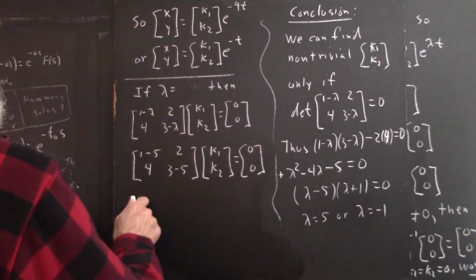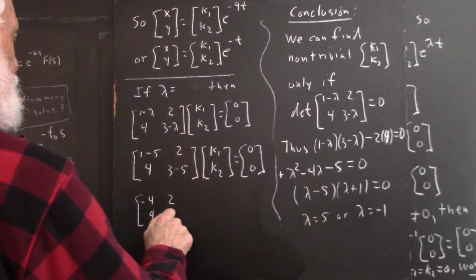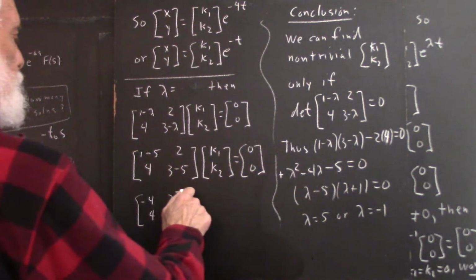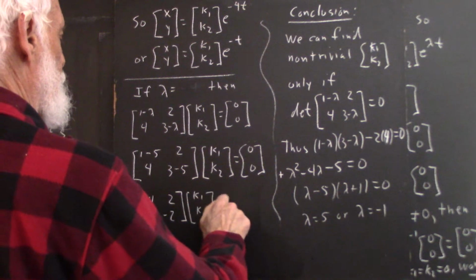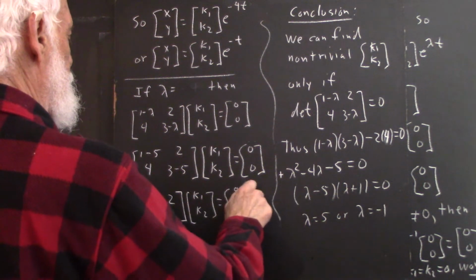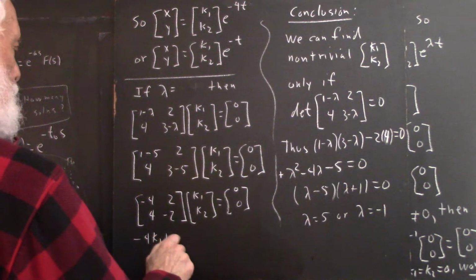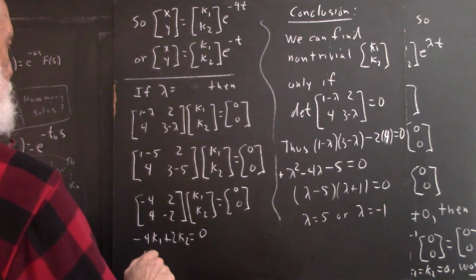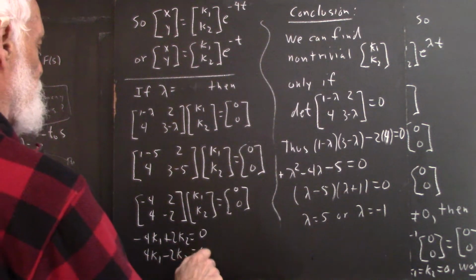Okay, so minus 4, 2, 4, negative 2. And now we have negative 4k1 plus 2k2 equals 0, and 4k1 minus 2k2 equals 0.